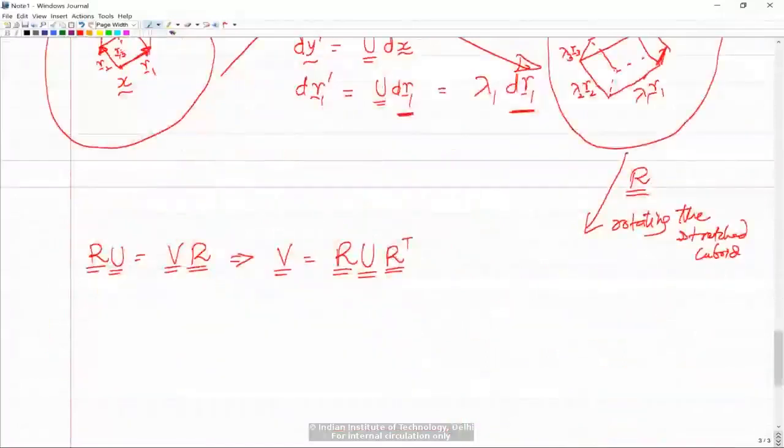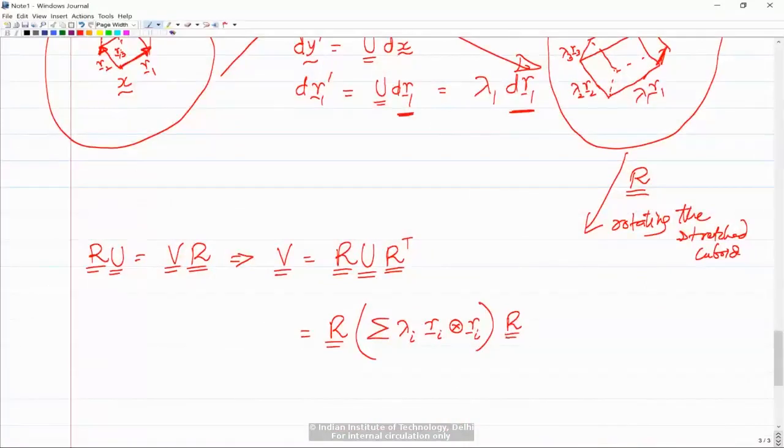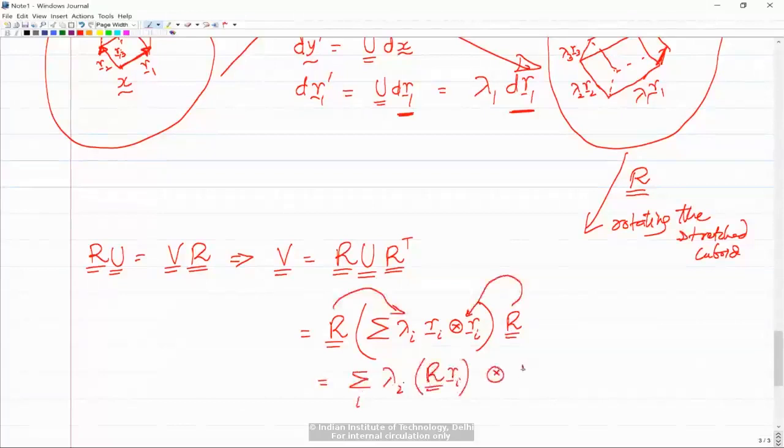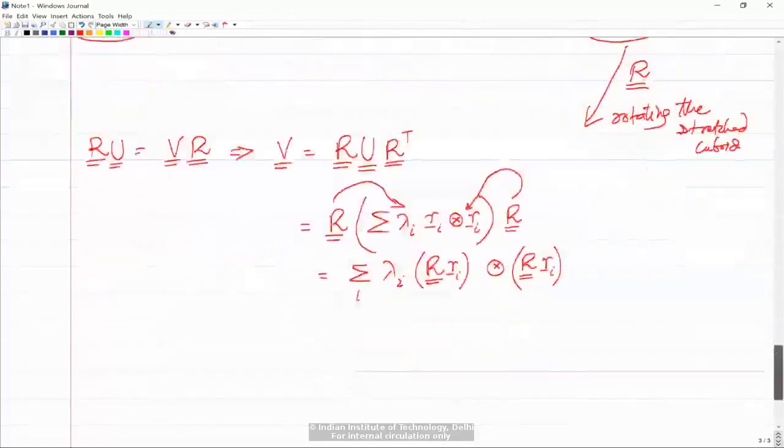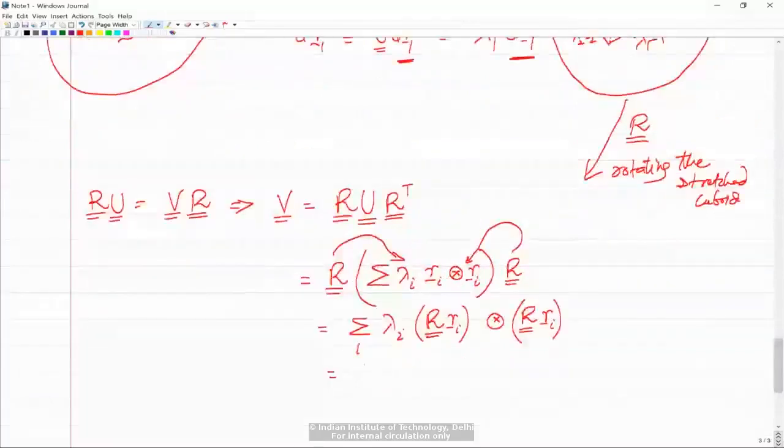And if you look at the decomposition, if you substitute the decomposition for U here, this is R summation lambda I small r I tensor product small r I into big R. Now you can bring this R inside, and this becomes summation over I lambda I big R into small r I tensor product big R into small r I. If I call this Li, because that's what the book says, it is summation over I lambda I Li tensor product Li.